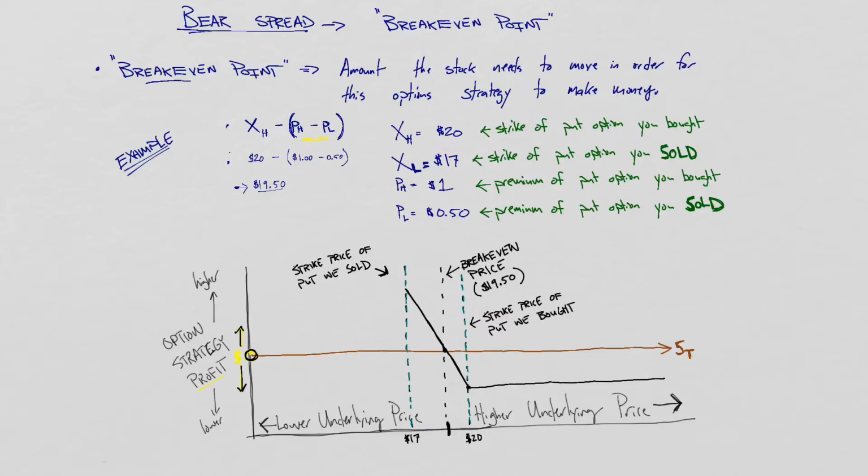But, and this is the critical point of this bear spread strategy, those losses are exactly offset by additional gains in the put option that we bought, that higher striked put option.